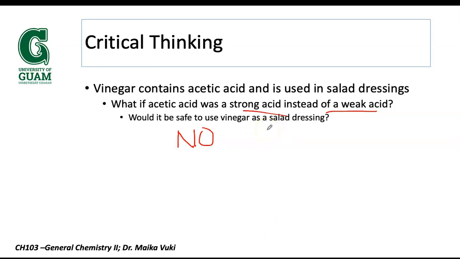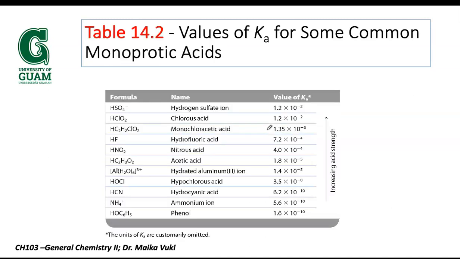It is going to ruin our digestive system very, very easily because of the nature of the acid. So that's why we don't use strong acids like HCl in food. Okay, these are examples of some of the acids that we will be studying.